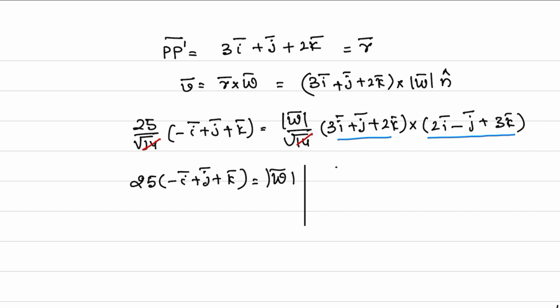It will be i j k, 3 1 2, r omega we have to do. R is 3 1 2. Omega is 2 minus 1 3.